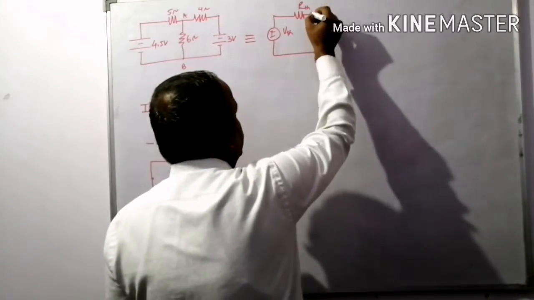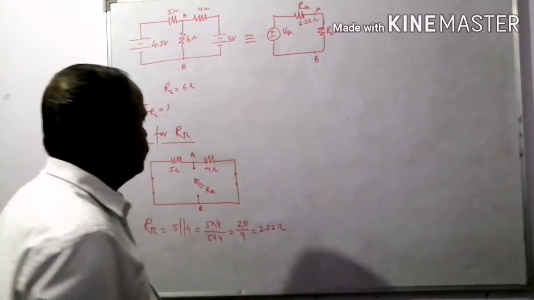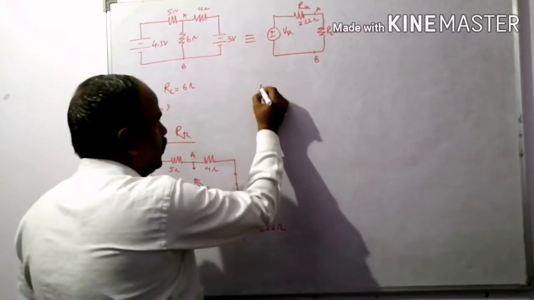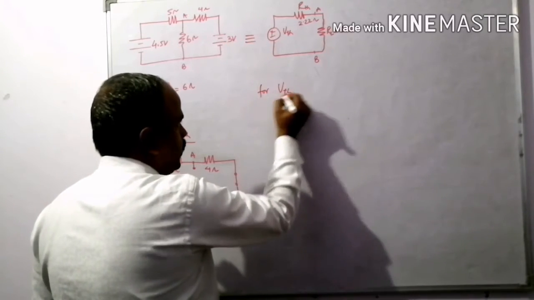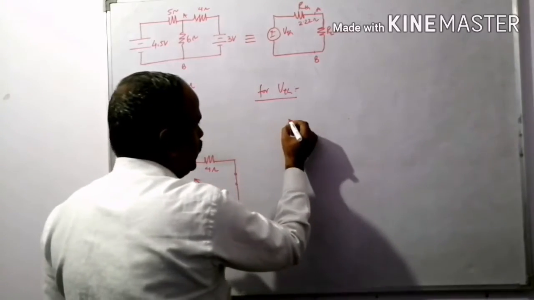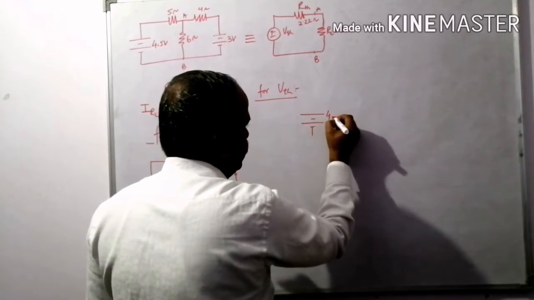So it is 2.22. Now for the calculation of VTH, we remove the load resistor and the remaining circuit is like this. It is 4.5.